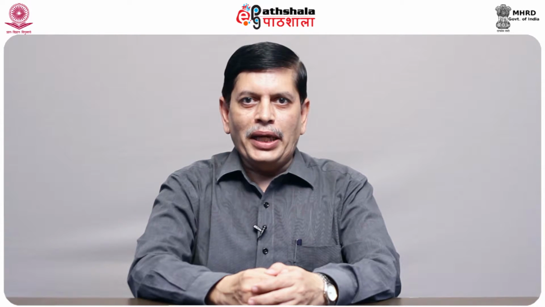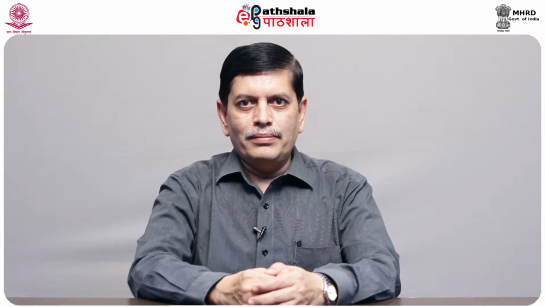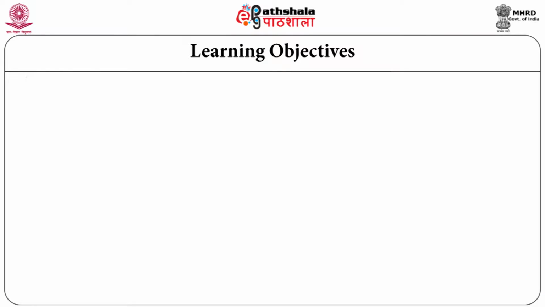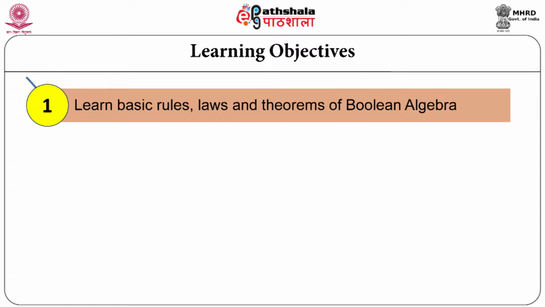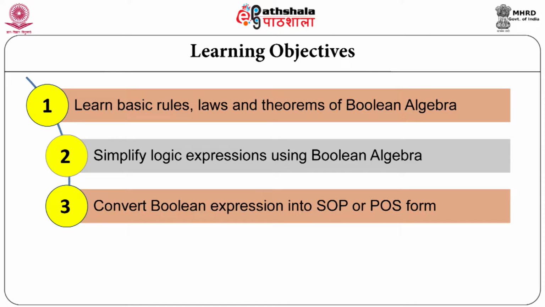In this session, we will explore the world of Boolean algebra. In this module, you will learn about the basic rules, laws and theorems of Boolean algebra. Further, the knowledge of the algebra can directly be used to simplify Boolean expressions. Next, you will learn to convert Boolean expressions into sum of products and product of sums.